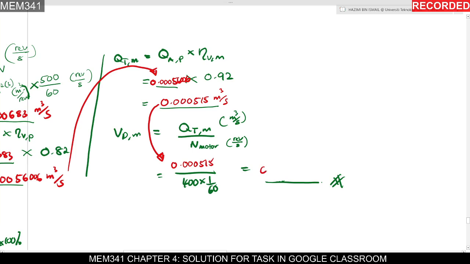So finally I will get the value of 0.000773 meter cube per revolution.